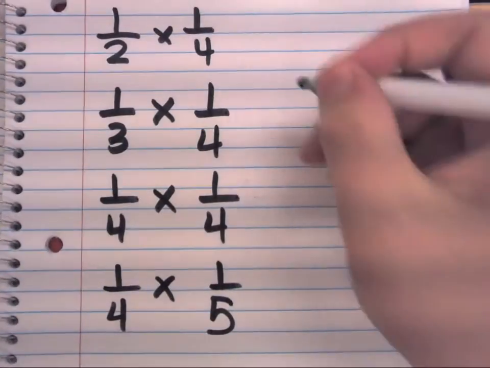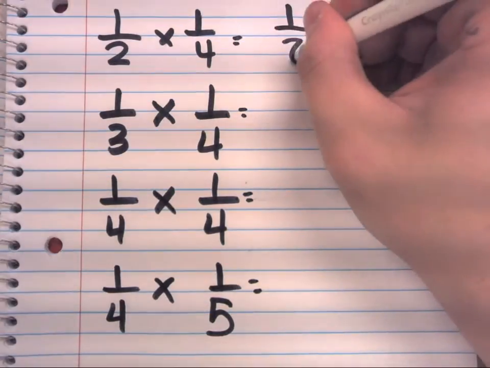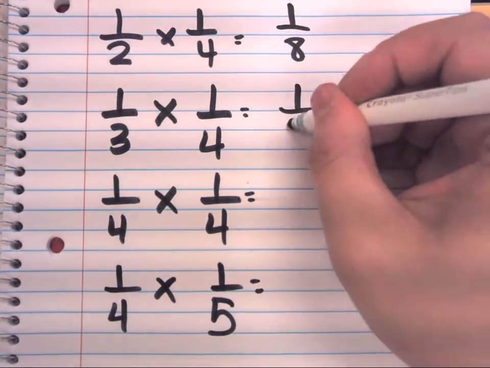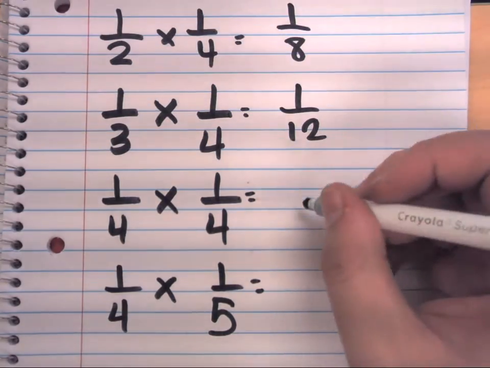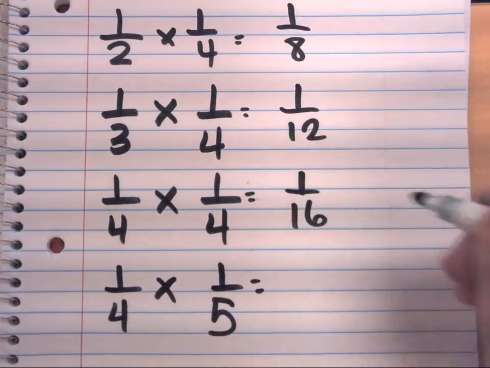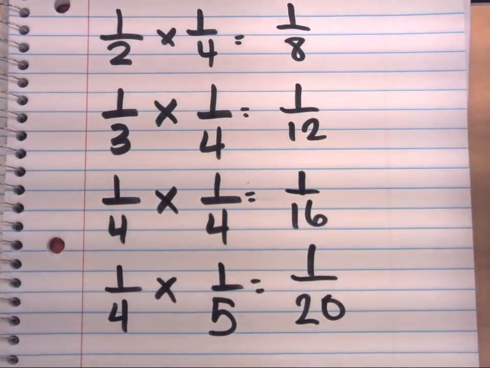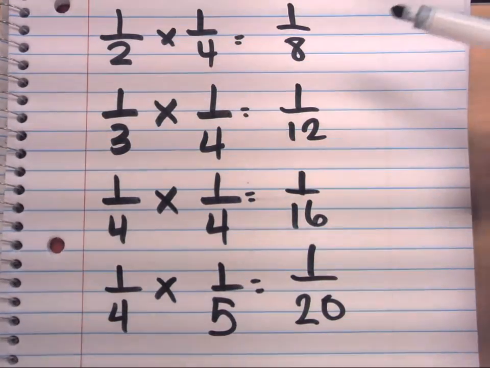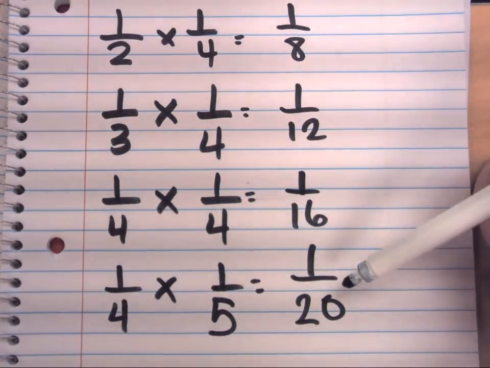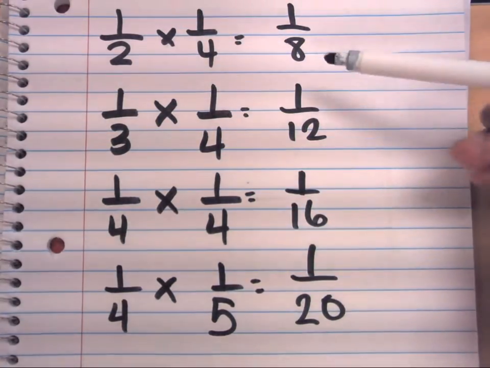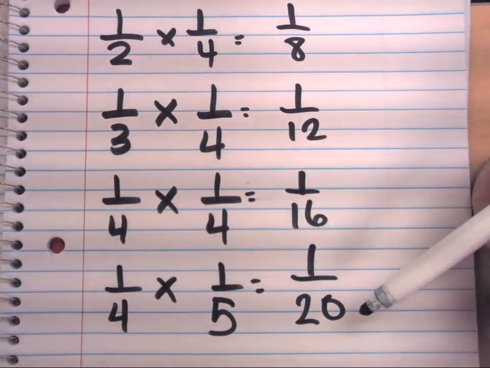And one of the very first things that students noticed was the fact that all of the fractions in each of these expressions are unit fractions. Another thing students noticed was the denominator in each product appeared to be increasing by 4.